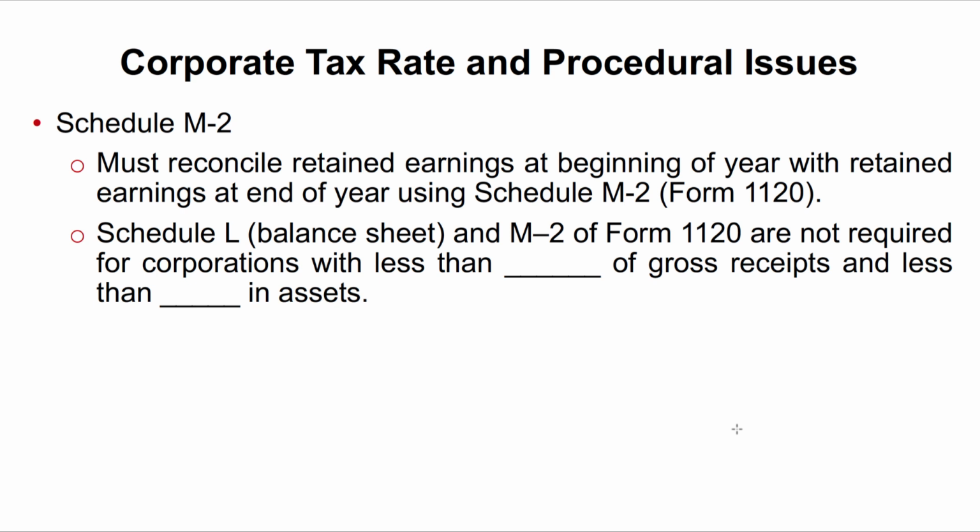Same idea. Again, that means almost all entities are going to file M2. Because if you have $250,000 or more of gross receipts or $250,000 or more in assets, guess what? You're required to do M1, M2, and Schedule L. And Schedule L and M2 deal with one another because M2 deals with retained earnings. Retained earnings go on the Schedule L balance sheet.